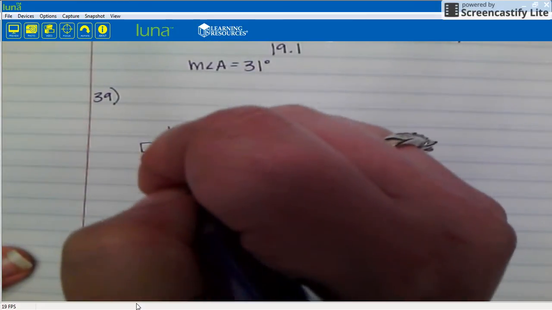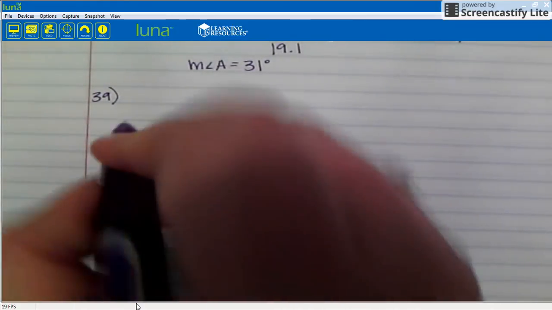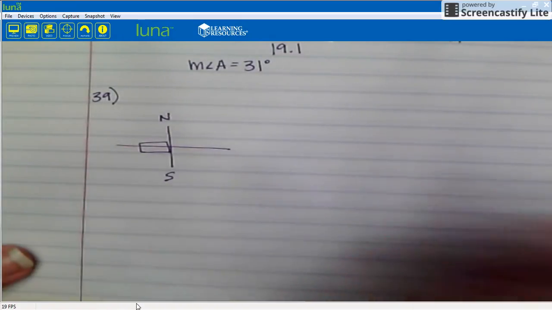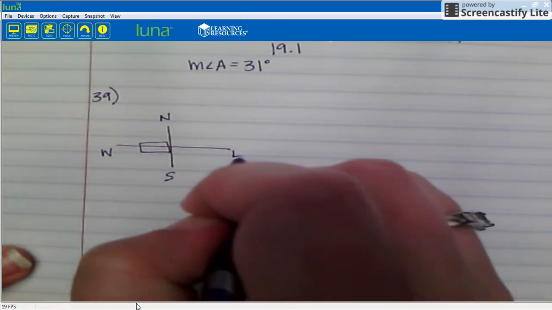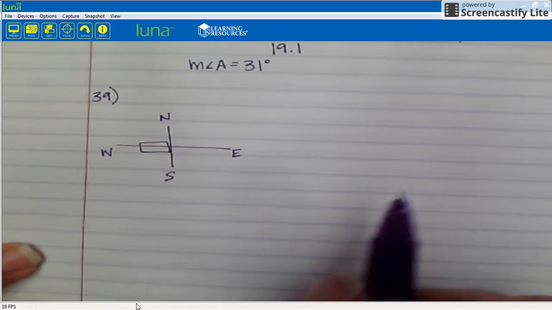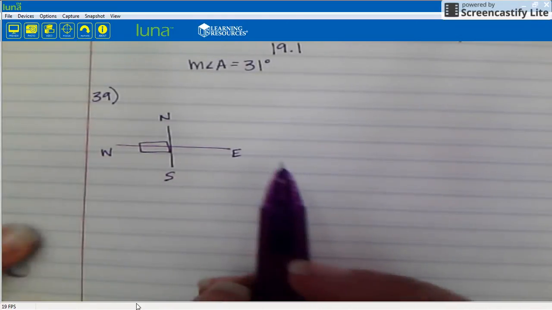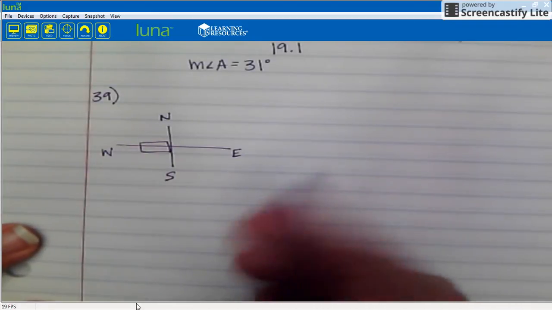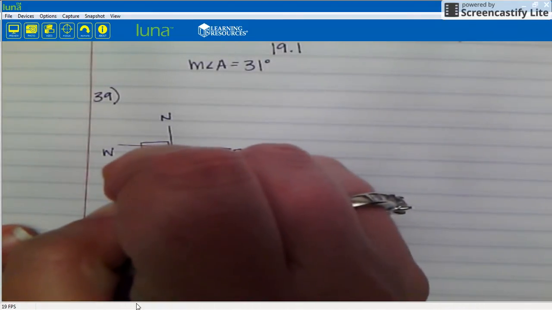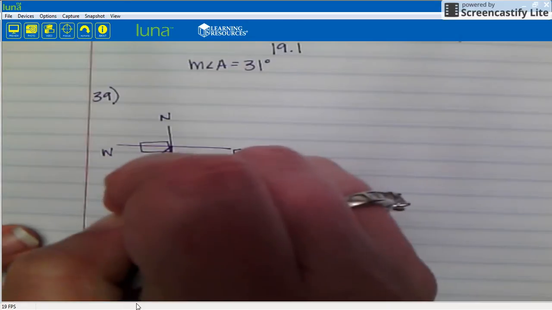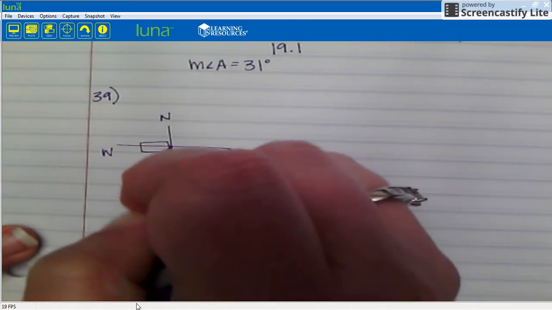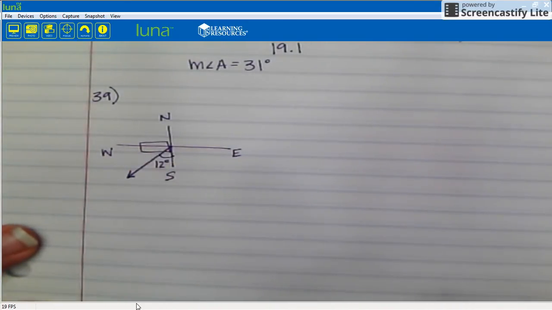So if my bearing is here, so here's north, here's south, here's west, here's east. I'm moving in the wrong direction, but it'll still work. So I'm at south 12 degrees west. So what that means is I'm heading in this direction, and my angle is always on the north-south line. And I'm traveling at 14 miles per hour.